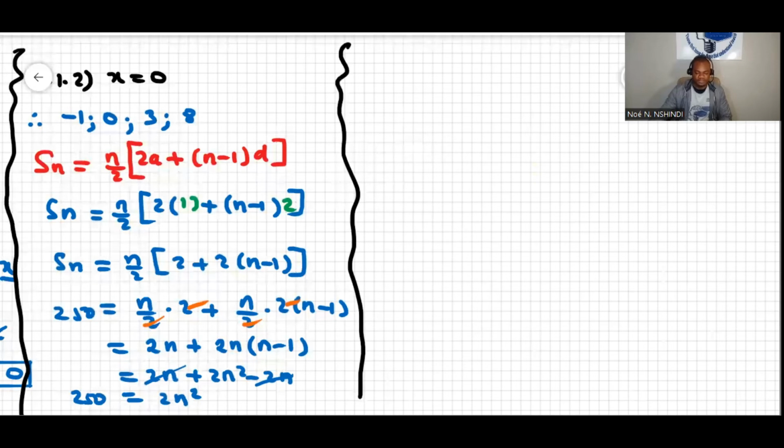If I divide by 2 on both sides, that makes n squared equal to 125.